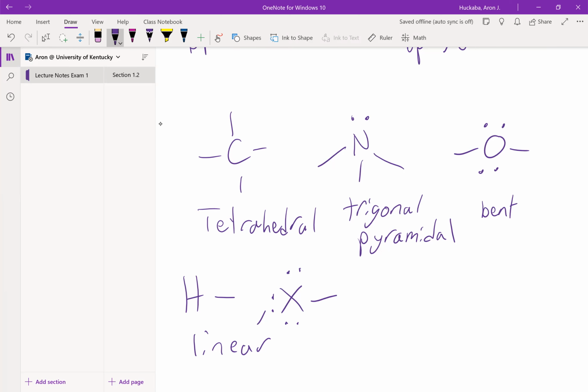So still a lot of review, but dipping our toes into the water of what it means to have structural differences in organic chemistry. So this has been section 1.2.